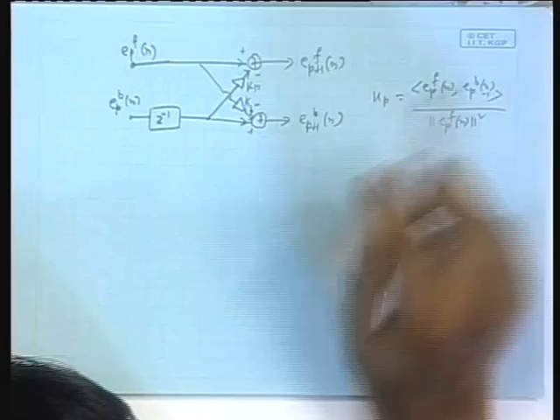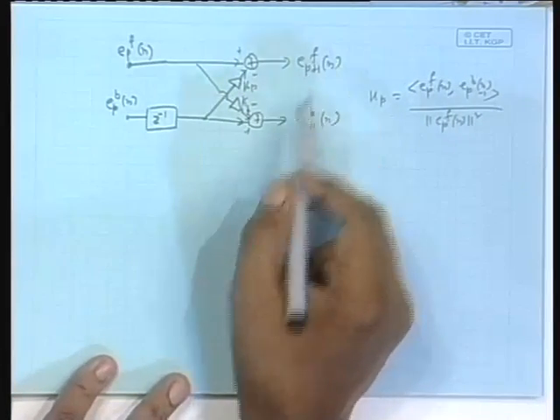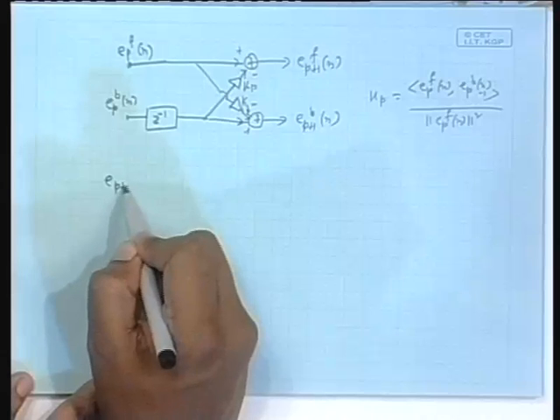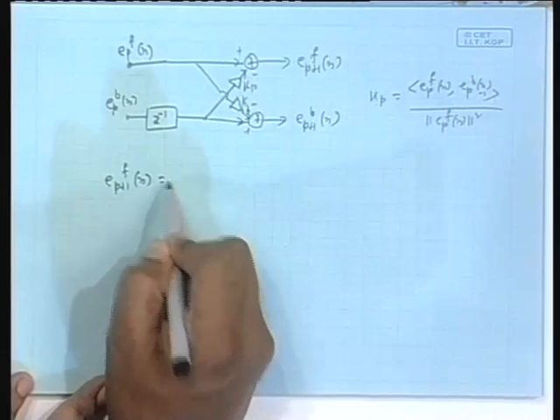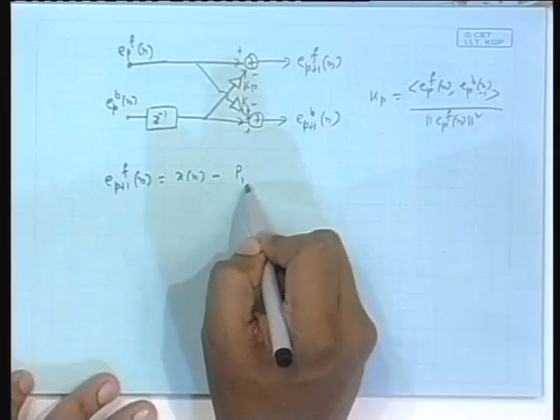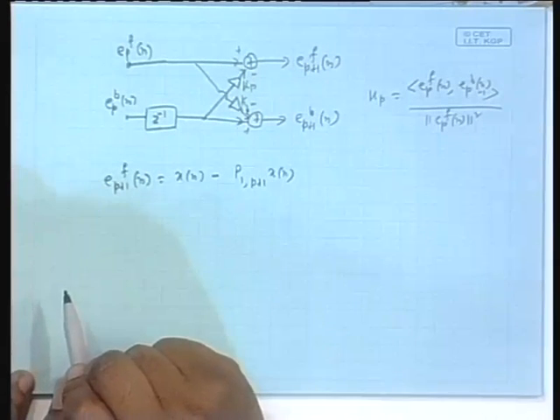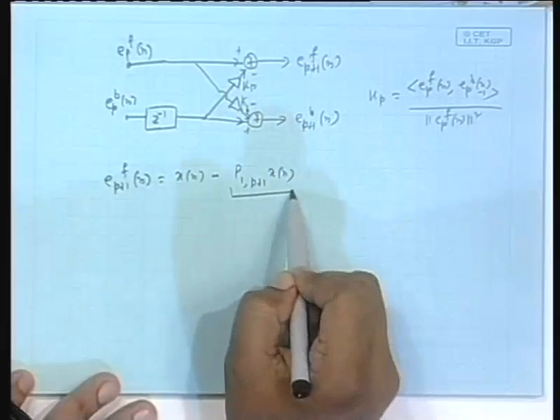Now, before I do that, let us see something. What is EPF? This quantity, what is this after all? X n minus the projection. Let us for the time being concentrate on this projection.